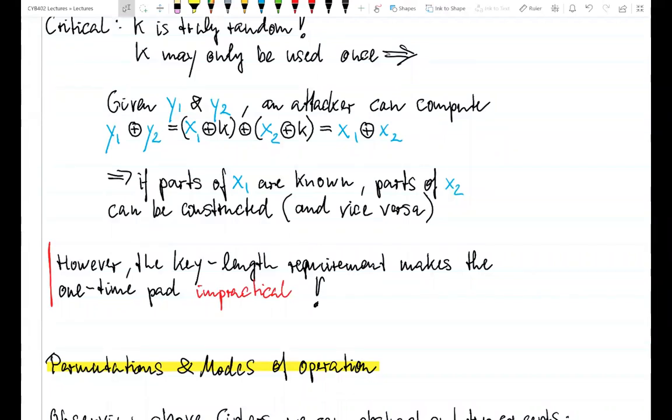So there are very practical things that you can do to make that happen. Anyways, what we understand now is that if parts of X1 are known, parts of X2 can be constructed, and vice versa. So this is very dangerous. And that's the reason why you strictly have to use a key only once.